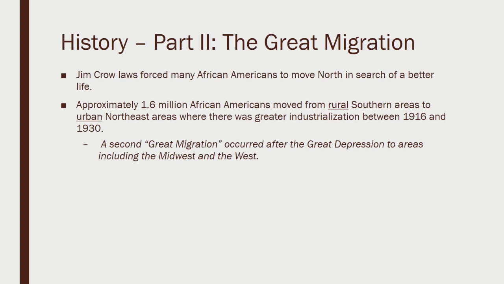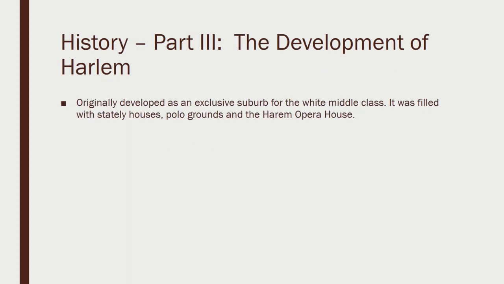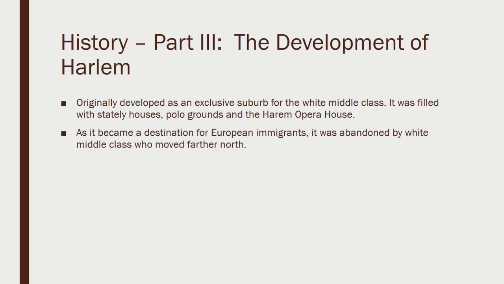So as a result of this Great Migration, we had the development of Harlem. Harlem was originally an exclusive suburb for the white middle class. It had very stately houses, polo grounds, an opera house. So it was a cultural center from its inception. It then became a destination for European immigrants.